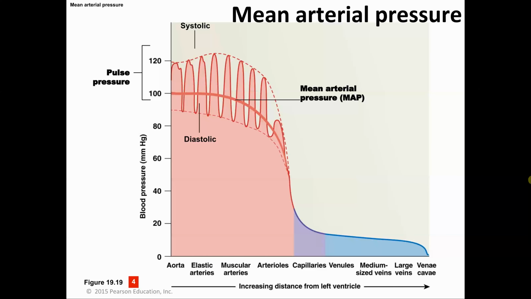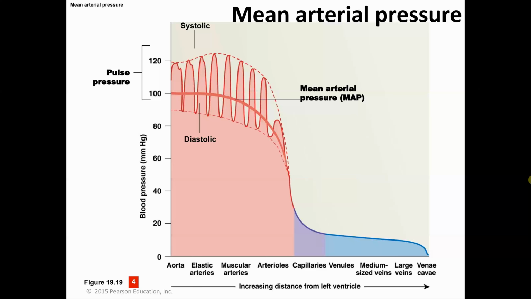Alright, so when we measure blood pressure, what we're measuring is the pressure in the arteries. And these tend to be big arteries, because we can't really measure the small capillaries very well. And then we measure contracting pressure when the heart is contracting, so that's the systolic, the upper dotted line here, and diastolic is the lower dotted line.